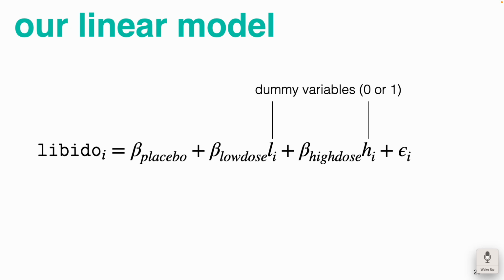So, if we separate the dummy variables, and we sometimes just sweep them under the rug, in this case we have the placebo, which is our intercept, that's our default option, low dose, and then high dose. Remember, these are dummy variables or indicator variables or one-hot encoding.